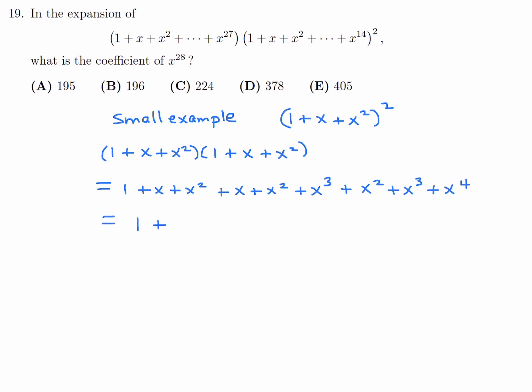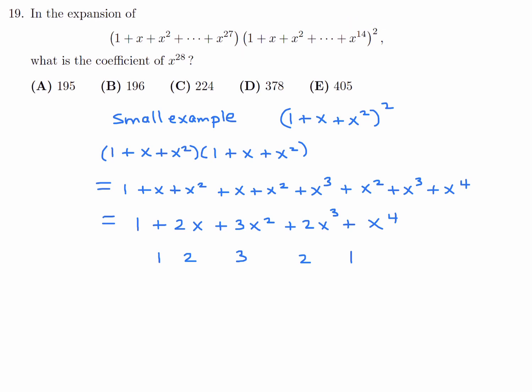Collecting like terms, I get 1 plus 2x plus 3x squared plus 2x to the power of 3 plus x to the power of 4. Now what I wanted you to notice in the coefficients is 1, 2, 3, 2, 1. You see how it kind of starts off 1, 2, 3 and then goes back down 3, 2, 1? That is what I wanted to illustrate.